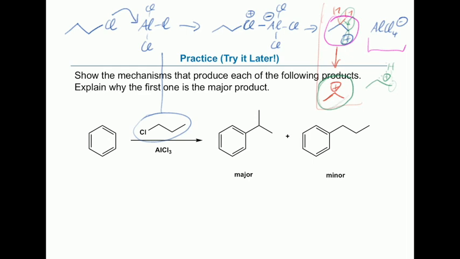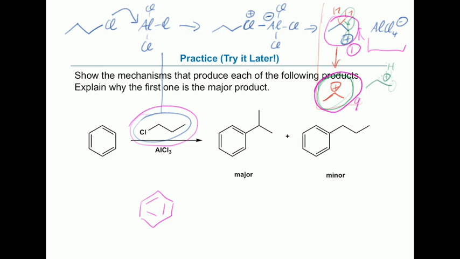Now that you have this, you have a high concentration of the more stabilized one and a low concentration of this one. So it depends on which one of those two carbocations the benzene is going to see. If you imagine a mole equivalent of this reacting, you could say something like 1 time out of 10 it'll be the primary carbocation, and 9 times out of 10 would be the secondary.